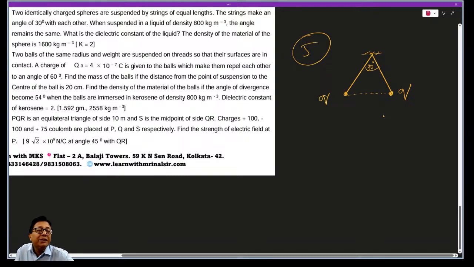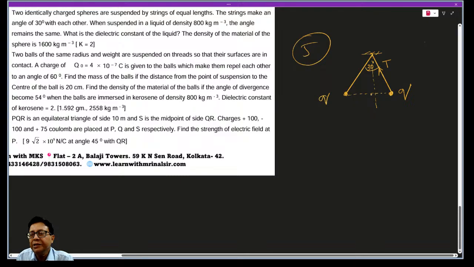This 30 degree where? This 30 degree is in air. Okay? So in terms of angle of divergence, you have done something. This angle becomes 15 degree.